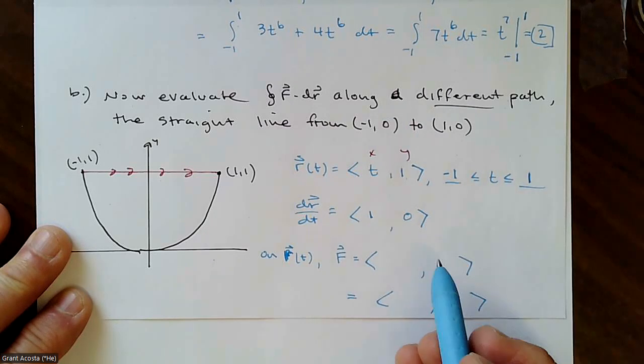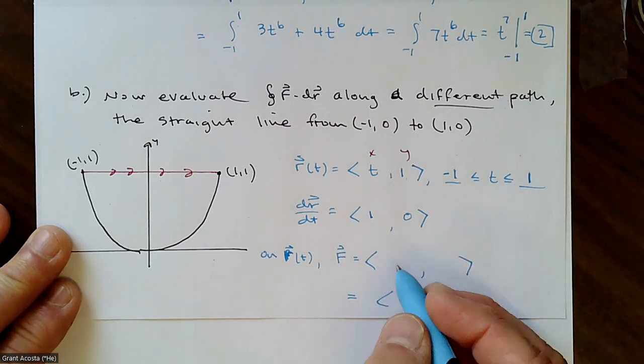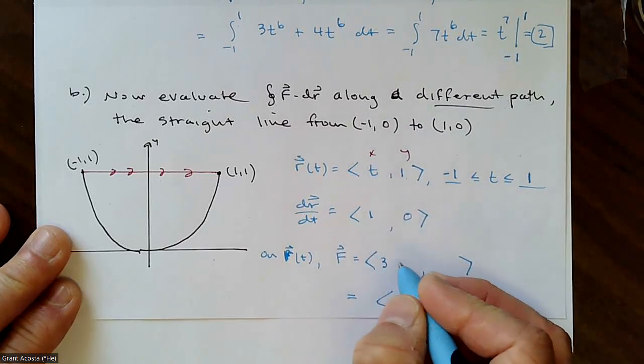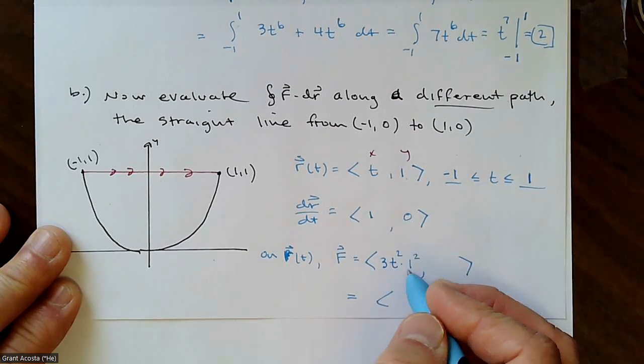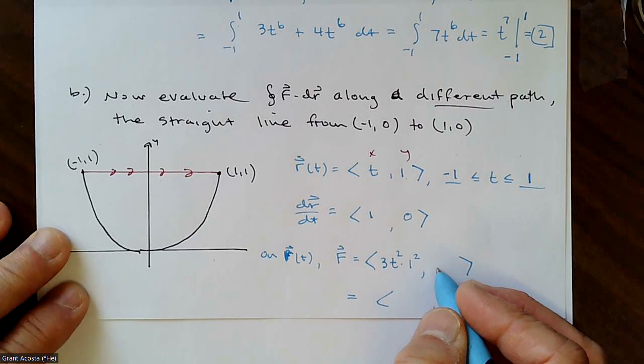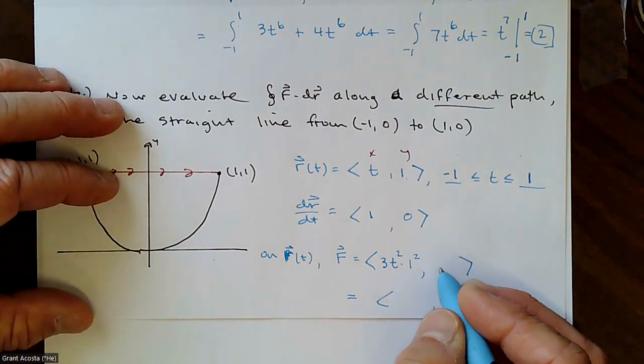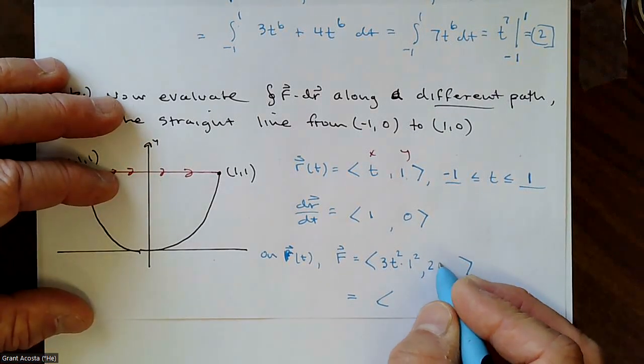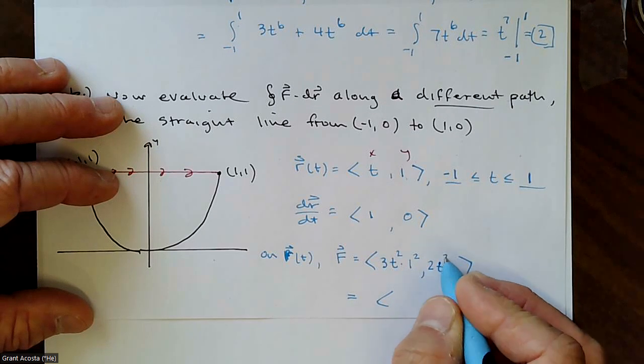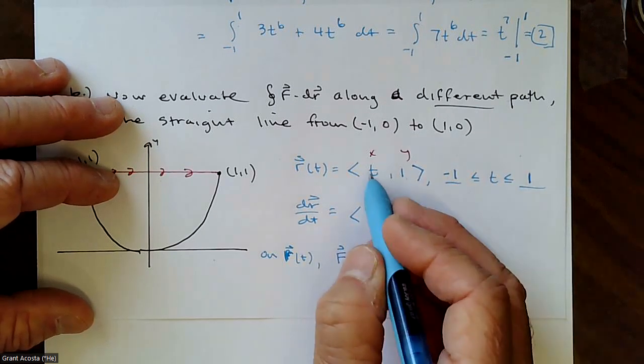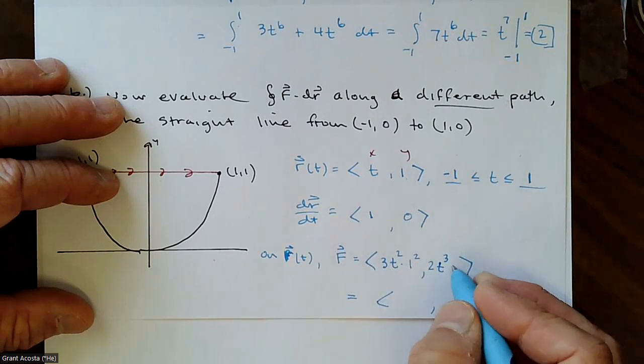My function, which was up at the top, is 3x squared y squared, so it'll be 3t squared times y squared, which is 1 squared, so that's just 1. And then for y, it was 2x cubed times y, so it's going to be 2t cubed times 1.